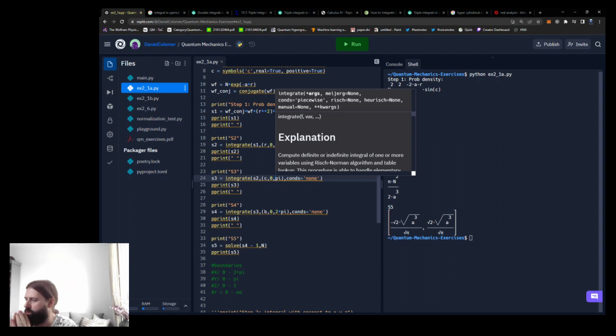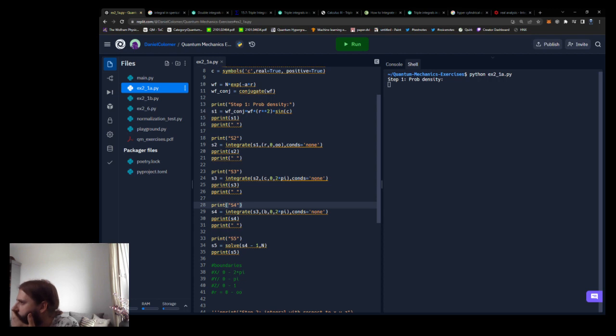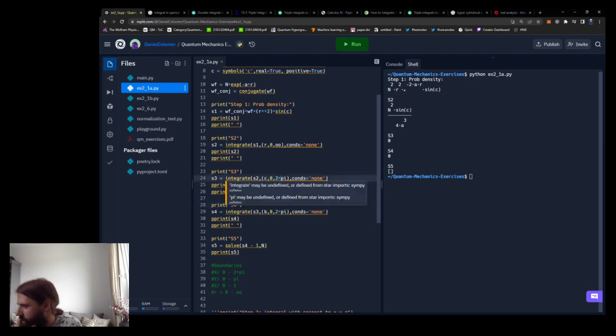Why is that 0 though? So S2 is these, and then S3 it's just that, and it actually says 0.